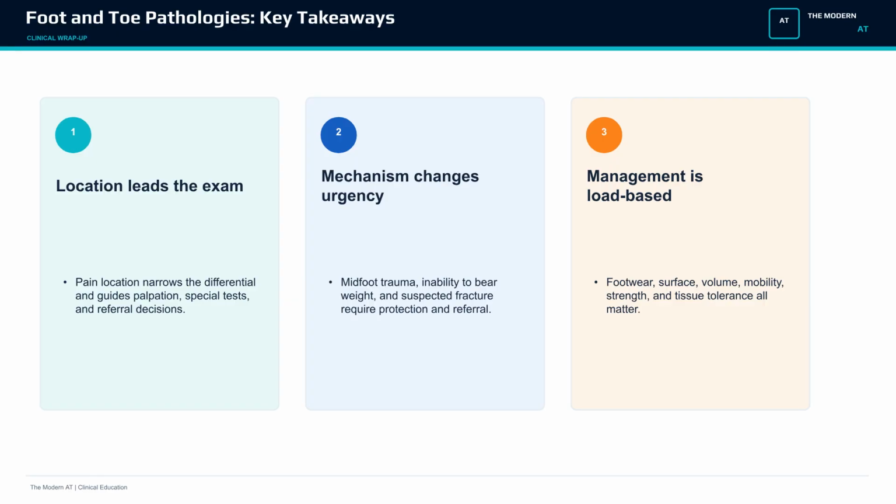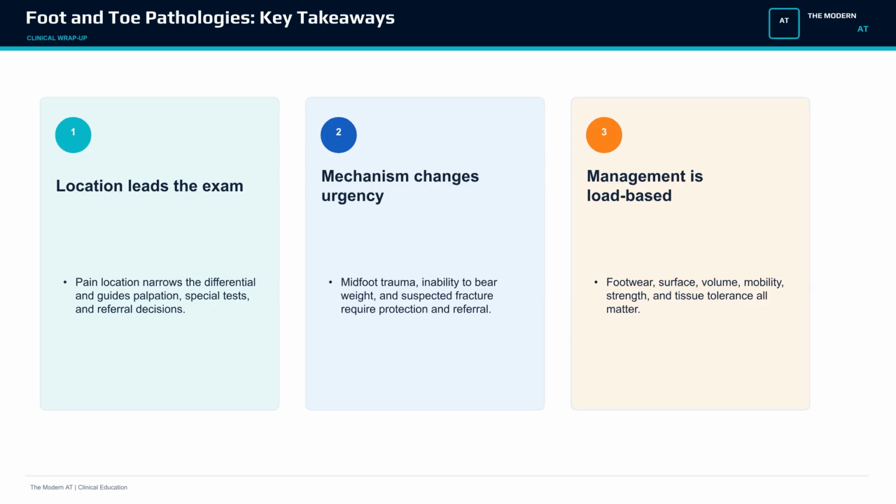The key takeaway is that foot and toe evaluation must be specific. Pain location leads the exam. When you know whether symptoms are plantar heel, posterior heel, midfoot, lateral foot, first MTP, forefoot, skin, nail, or nerve-related, you can narrow the differential and choose better tests. Mechanism changes urgency. Gradual heel pain after training changes is different from midfoot pain after twisting axial load.